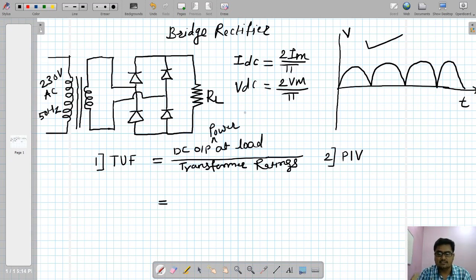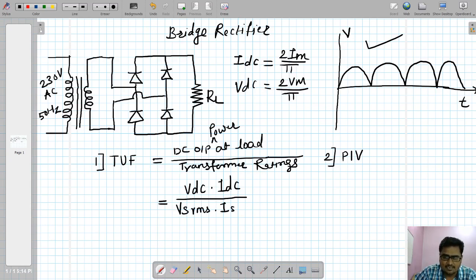So let me correct it: DC output power available at the load. What is the DC output power available at the load? It is obviously DC voltage VDC multiplied by DC current IDC. And what about the transformer ratings? Yes, we had discussion about that, which is VS RMS multiplied by IS RMS.